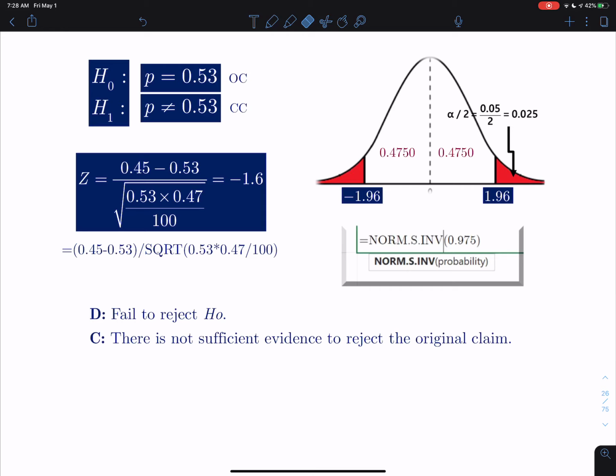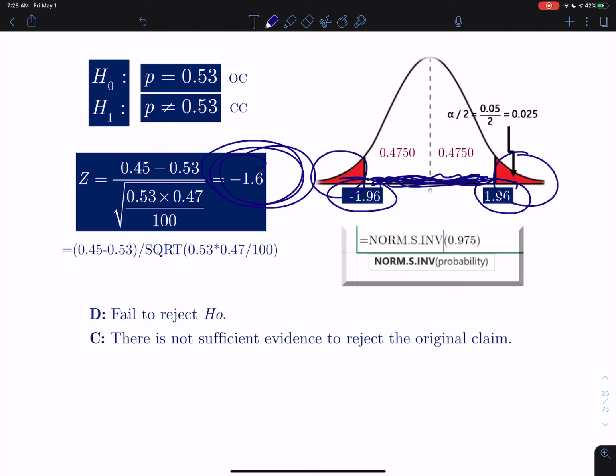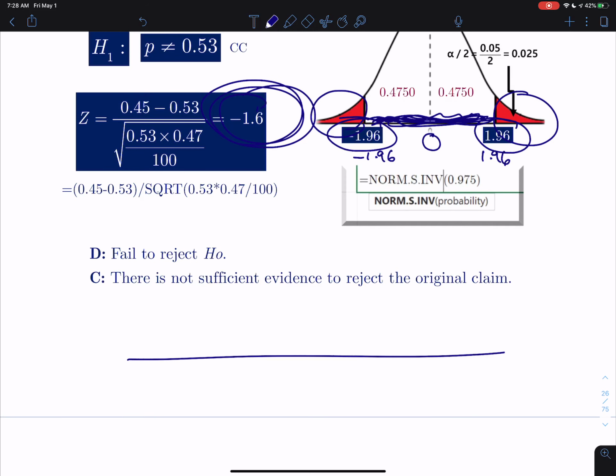Okay, so once you find the critical values, and once you know your test statistic, all you have to determine is if that test statistic falls in this non-critical value or acceptance region, or does it fall in these red critical value areas. Well, let's see. If that's 0, and that's 1.96, and that's minus 1.96, so I can even draw it on a scale for you.